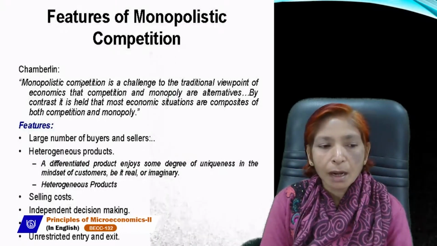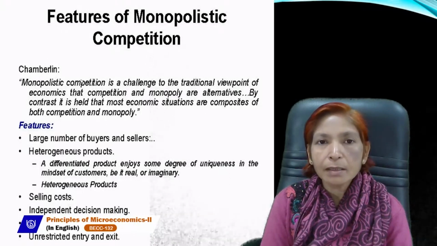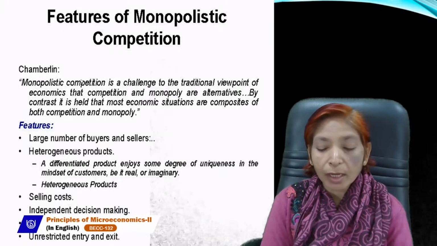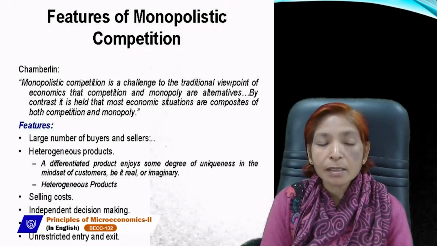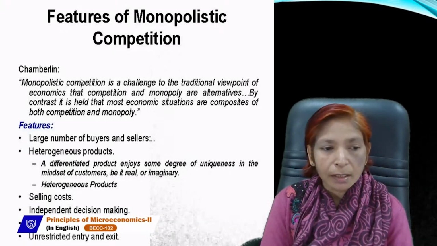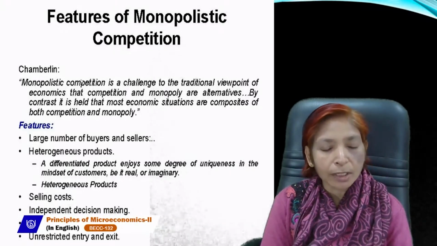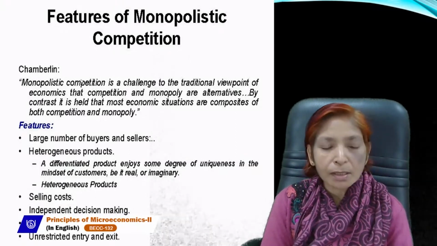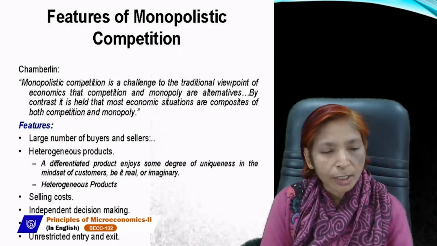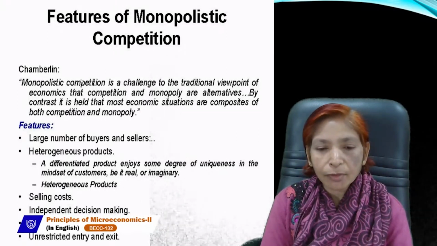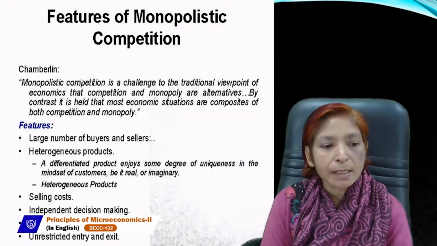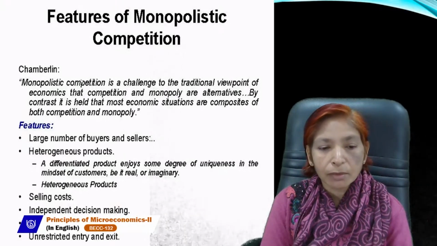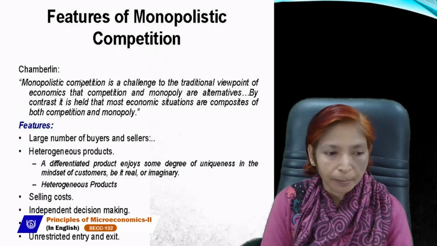One is a large number of buyers and sellers. This is a very important feature. Second is heterogeneous product. You can write differentiated product instead of heterogeneous because both are similar. A differentiated product enjoys some degree of uniqueness in the mindset of customers, whether real or imaginary.